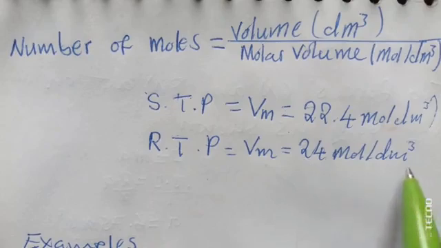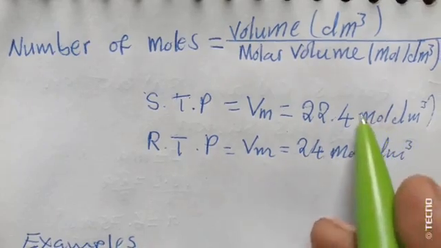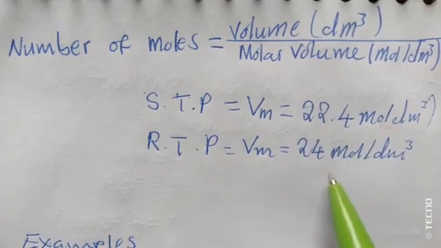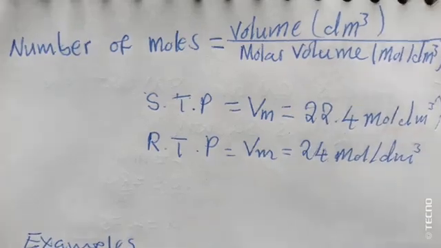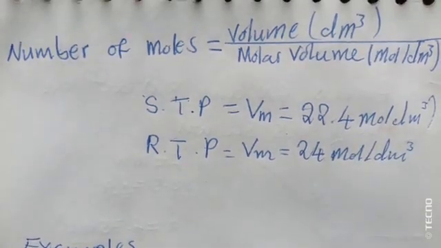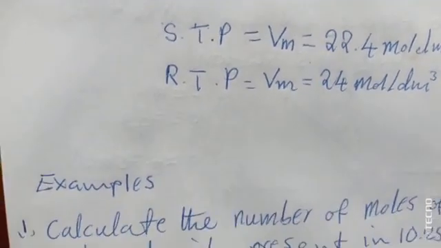So we need to know that when they say at STP we use this one, at RTP we use this one. Okay, so now let's try and see how we can answer this example.